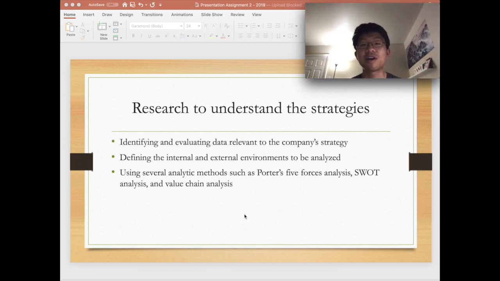And second will be define the internal and external environment to be analyzed. And the last thing is to use several analytical tools such as Porter's 5 forces analysis, SWOT analysis, and value chain analysis to understand the strategy of the company and to see how we can improve from there.